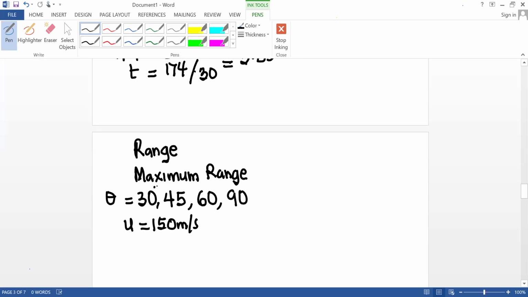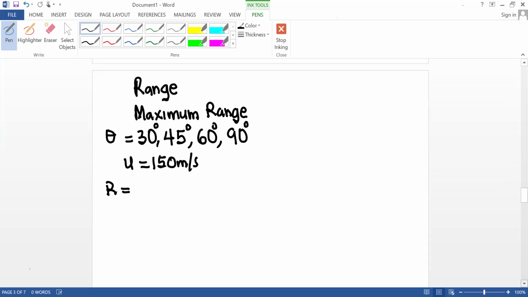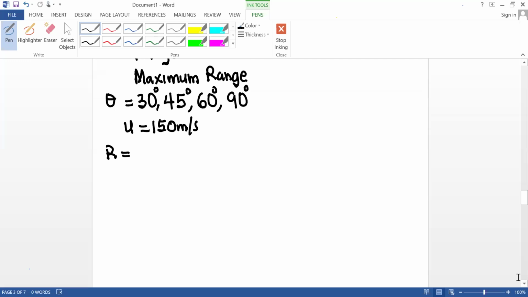So give me the value of the range for the given angles. Start work. When theta is 30, what is the range? When theta is 45, what is the range? When theta is 60, what is the range? And for 90, we'll discuss it right after.